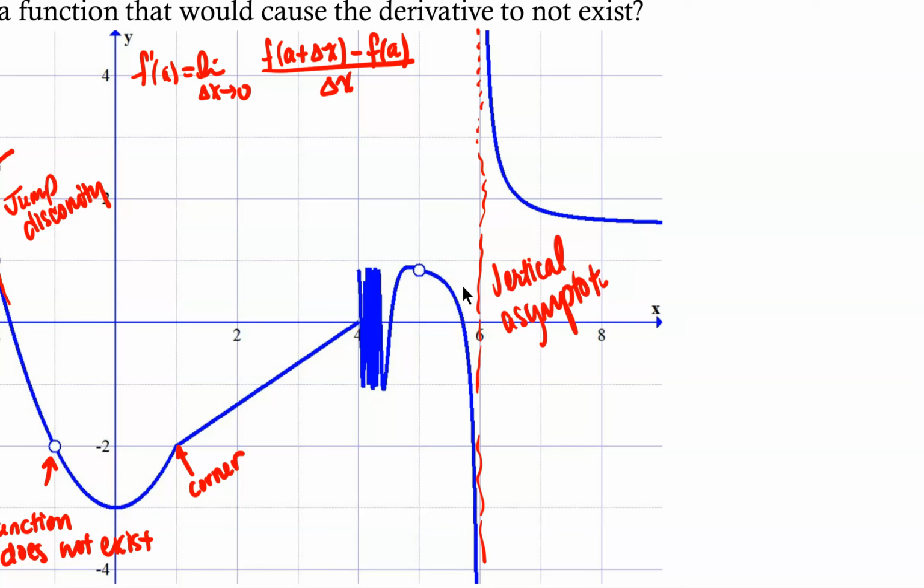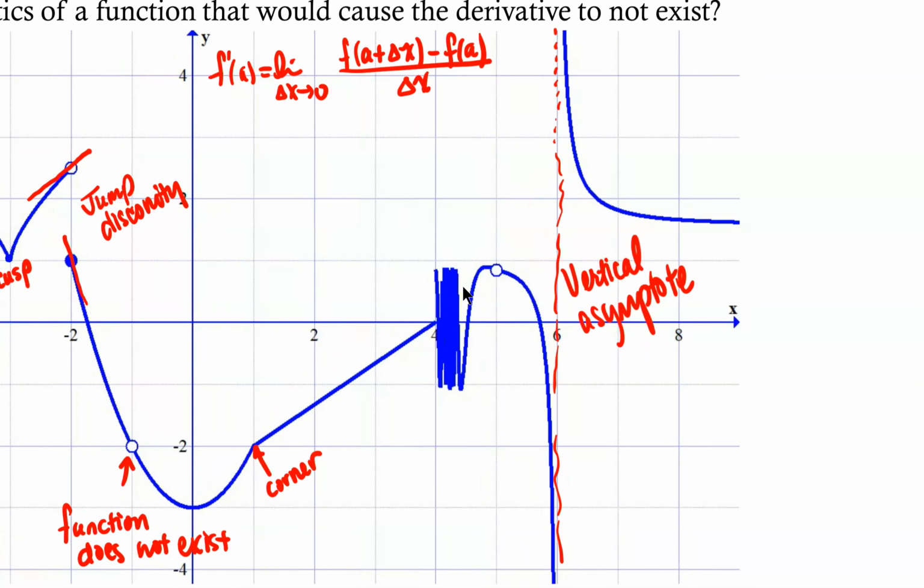Now, we know from our study of limits that in the presence of a vertical asymptote, technically the function does not exist. And because that function does not exist at 6, then the derivative of f at 6 does not exist.